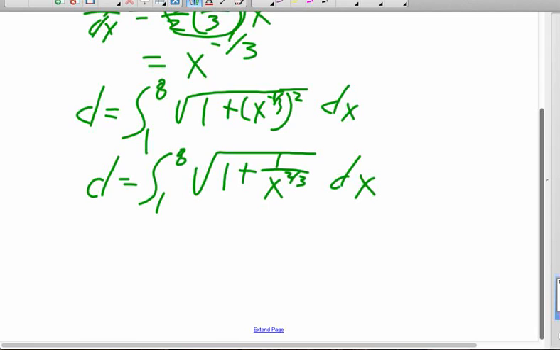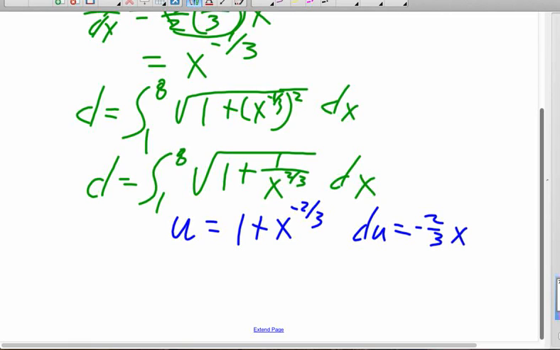So in that case, if we use substitution, u would be 1 plus x to the negative 2/3, which means du would be, that's 0, so it would be negative 2/3 x to the, and then subtract 1, negative 5/3. Now, we can live without that, but you notice I don't have this in here, which means we cannot use substitution. All right?